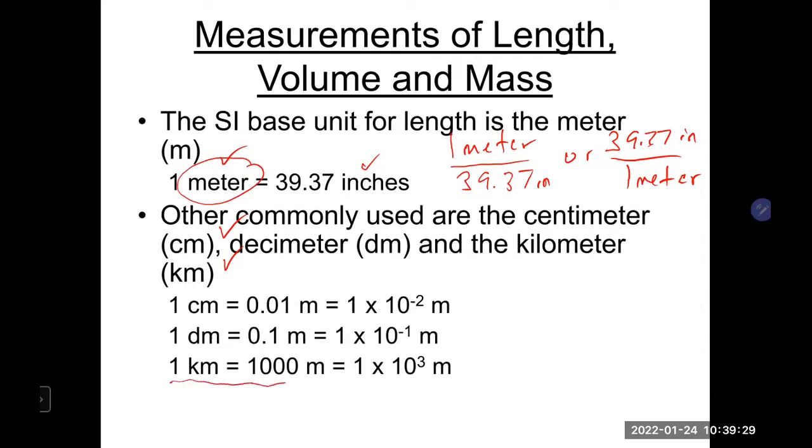I would say this conversion we do see and use a lot here in chemistry. Also going from centimeters to meters, that's one way you can do it. Maybe you also know that there are 100 centimeters in 1 meter. So that's another relationship we use a lot in chemistry. Any questions on that?